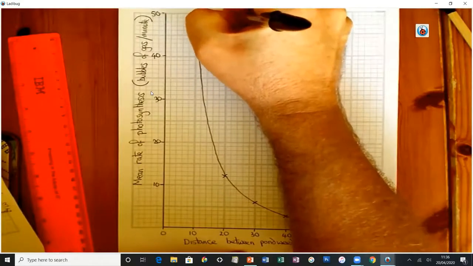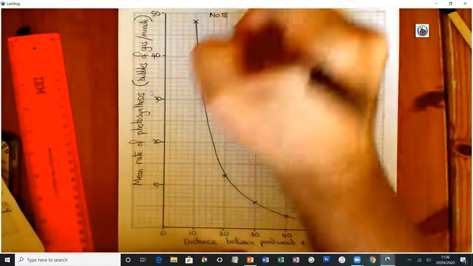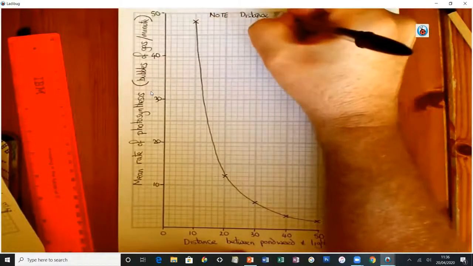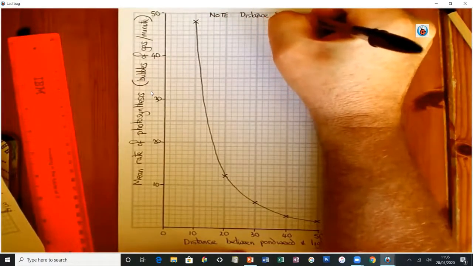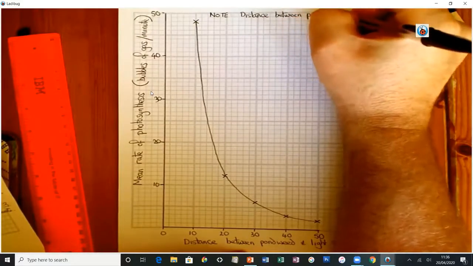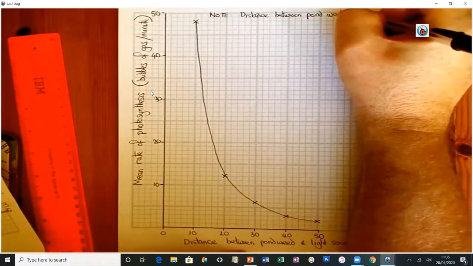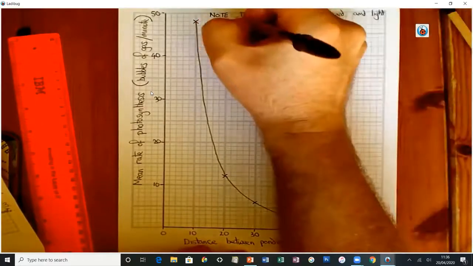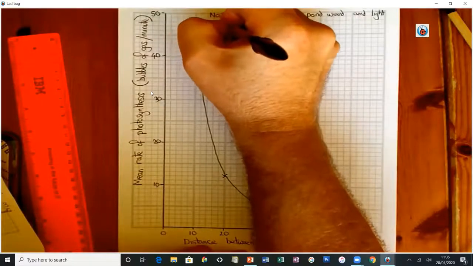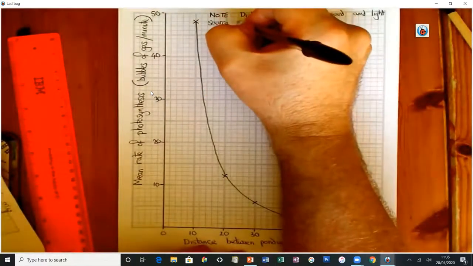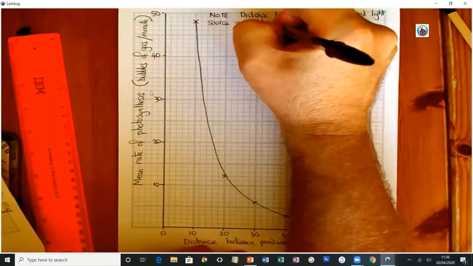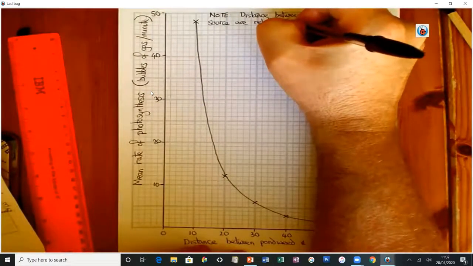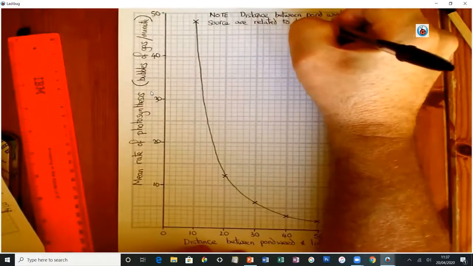Note. Distance between pondweed and light source are related to light intensity.